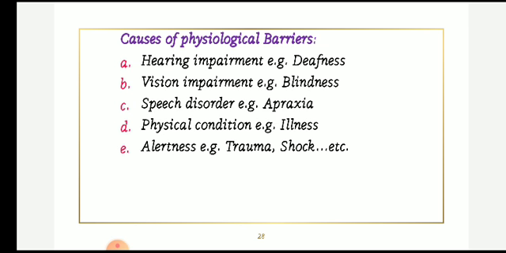Then next is vision impairment. Vision impairment means a person having a problem in seeing, and there can again be a percentage of the problem. There are generally two conditions, for those who are using glasses.